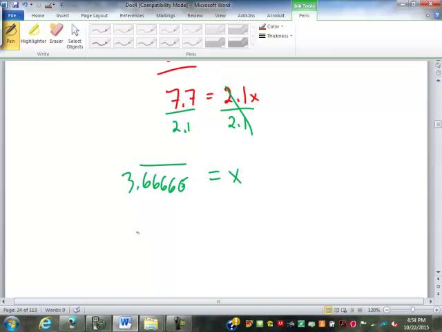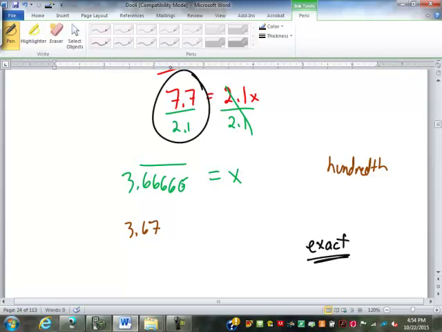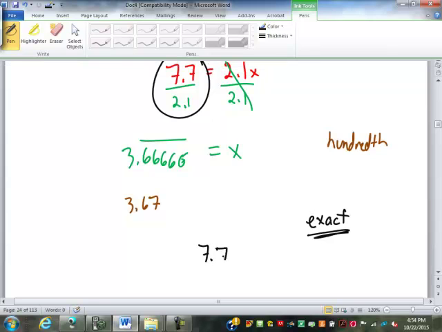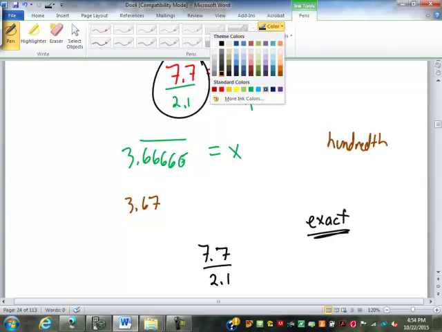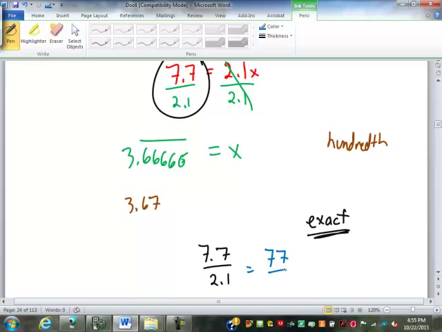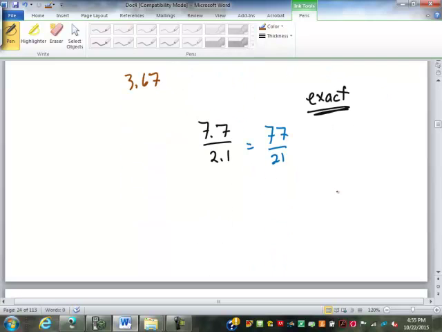Of course, what if my math lab said the nearest hundredth? 3.67. Good. What if my math lab said exact answer? 7.7 over 2.1 is going to become 77 over 21. 77 divided by 21: 21 does go in there 3 times.